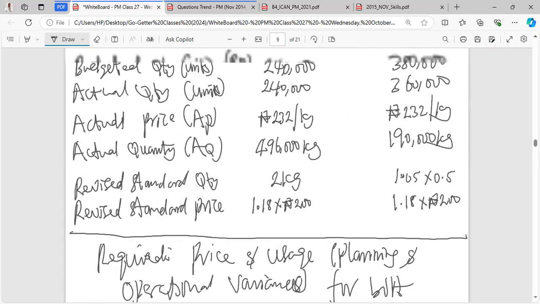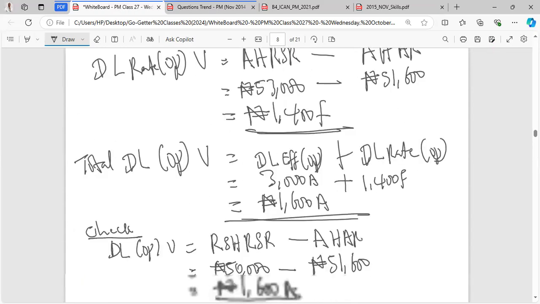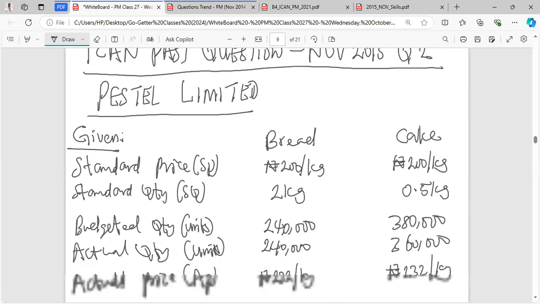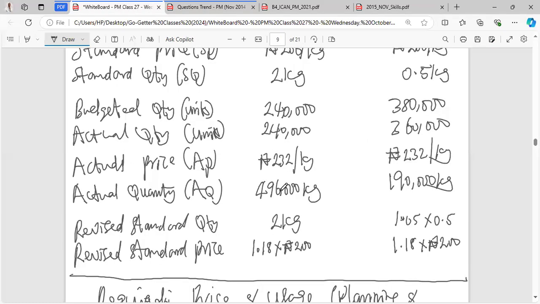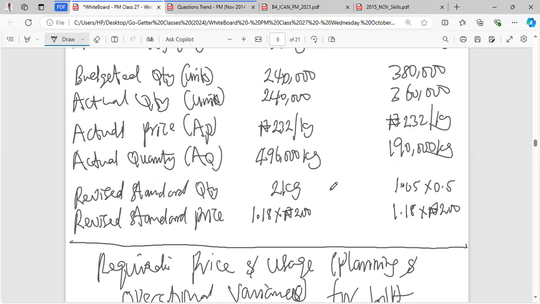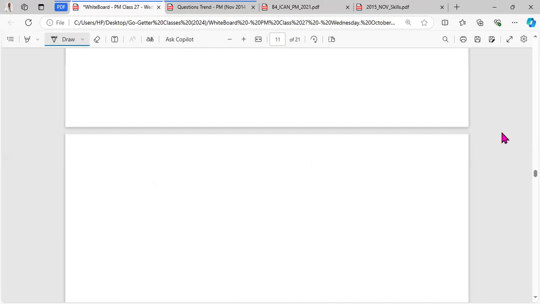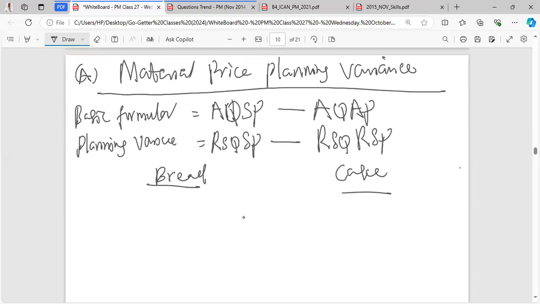Revised standard quantity for bread is 2 kg, and this is 1.05 times 0.5. So that's the quantity.